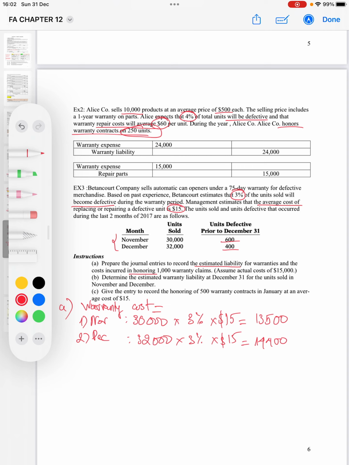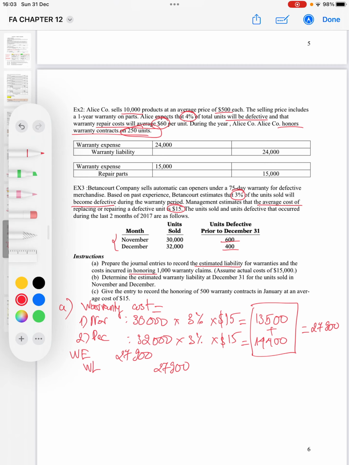And the sum of November and December is $27,900. So warranty expense will be debited and warranty liability will be credited with the amount of 27,900. The liability is the same.